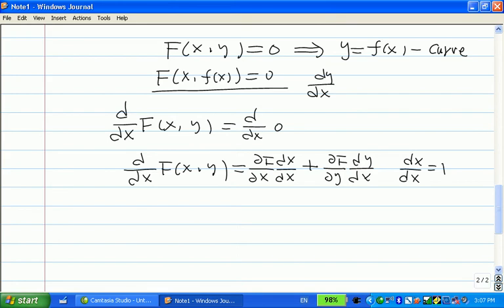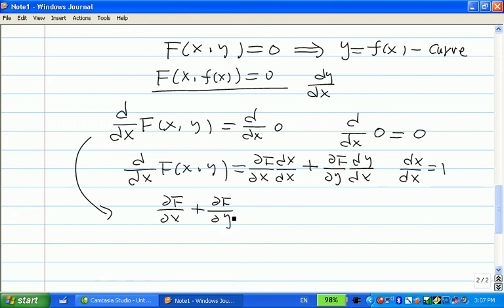And on the right side, you take a derivative of 0. 0 is a constant function. You take a derivative and it gives you 0. Therefore, this equation means partial f with respect to x, since dx dx gives you 1, plus partial f with respect to y dy dx. The right hand side, you take a derivative of 0, gives you 0.